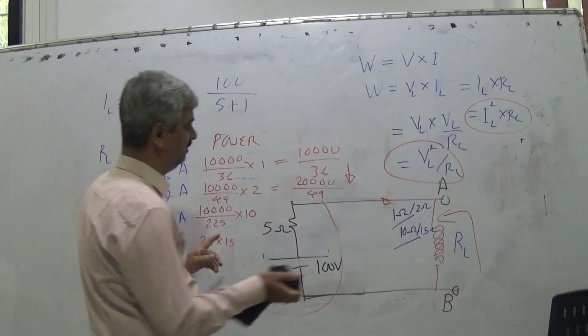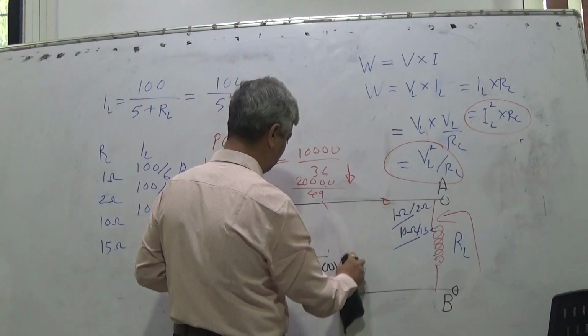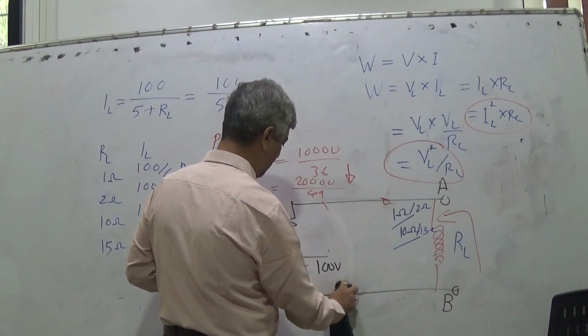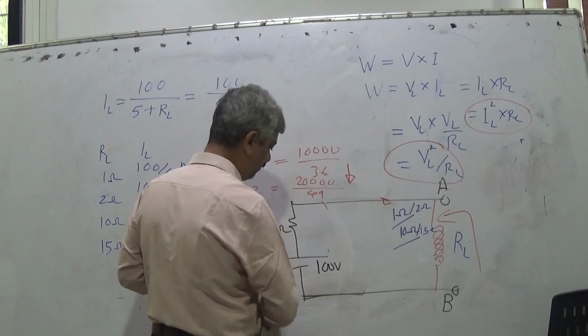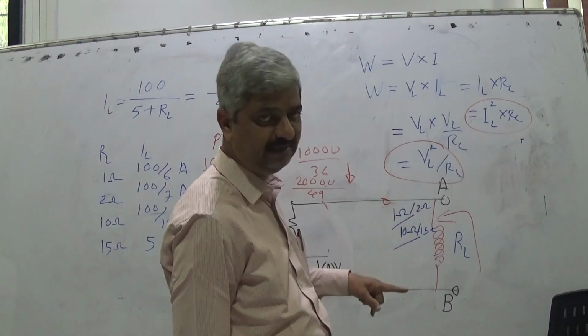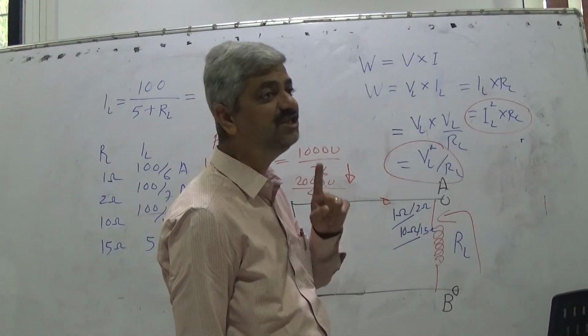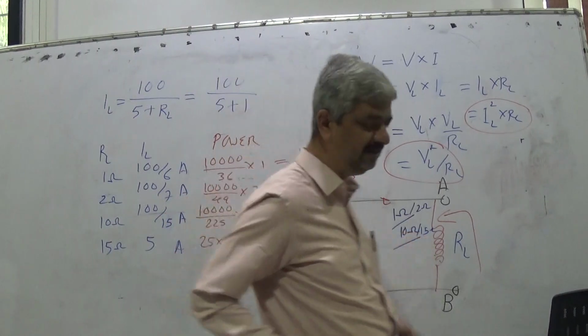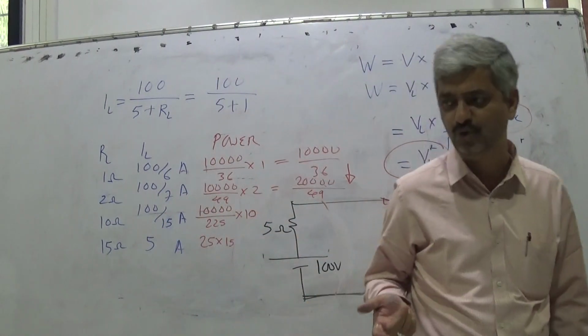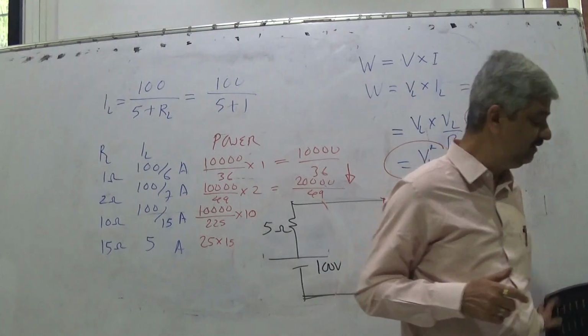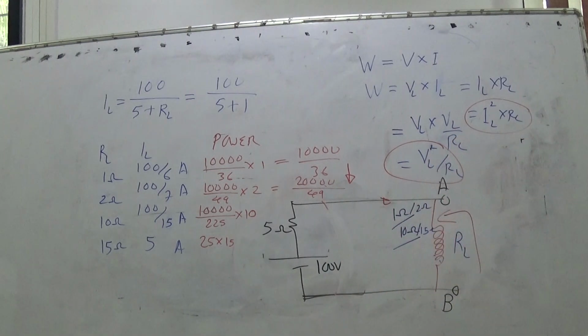I am trying to find out for which coil I will get maximum heating, meaning for which RL, because in the coil the variable part is only RL. So which RL will give me maximum power P?